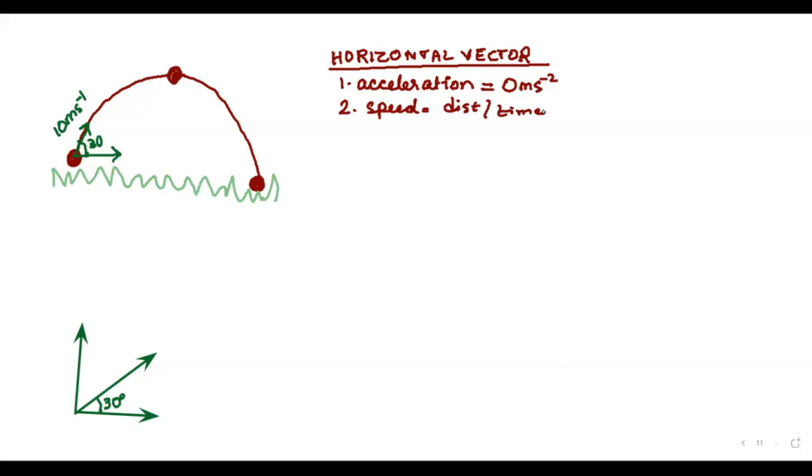Now, here's one rule that is different for a vertical projectile motion. In a horizontal projectile throw, if you remember, we had discussed that the initial speed is the same as the speed of the throw. At whichever speed I'm throwing the ball, the initial speed is the same. And when I revise the horizontal projectile with you, we will go over it again.